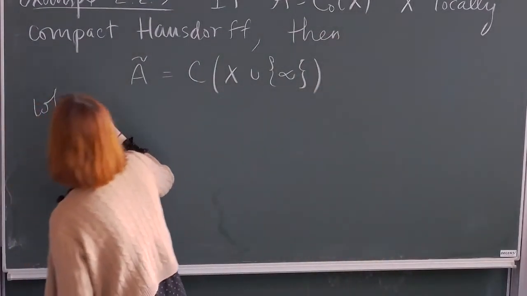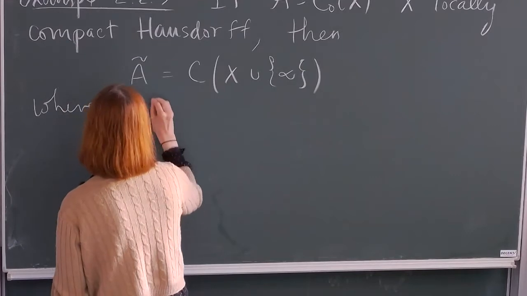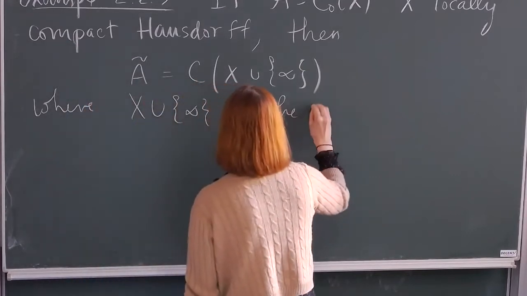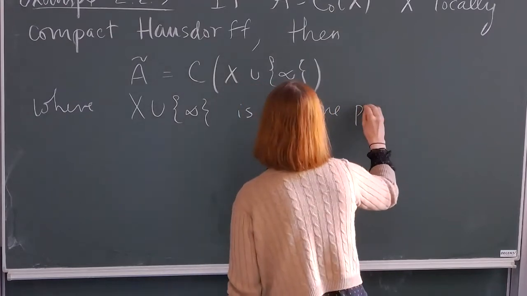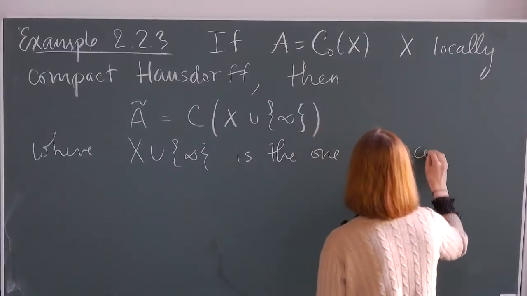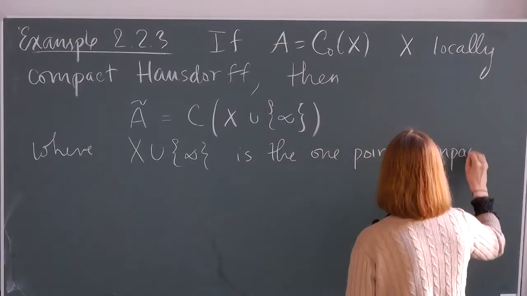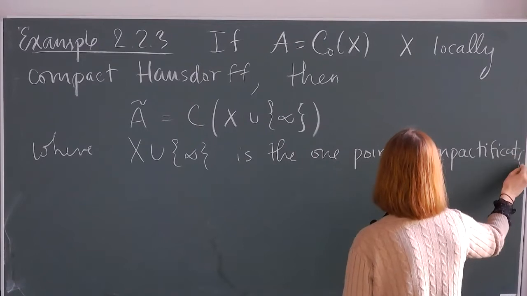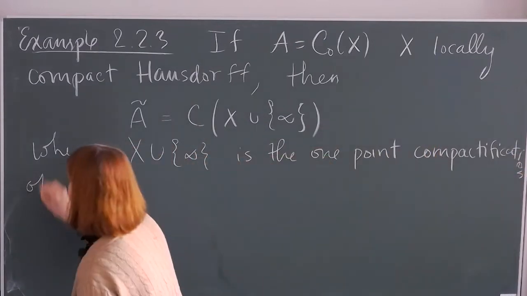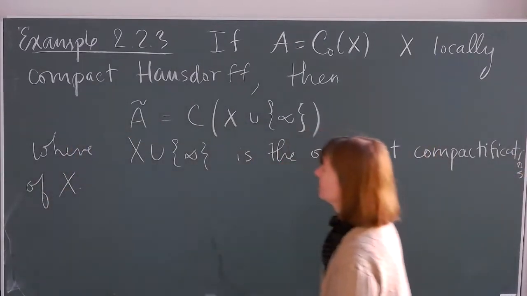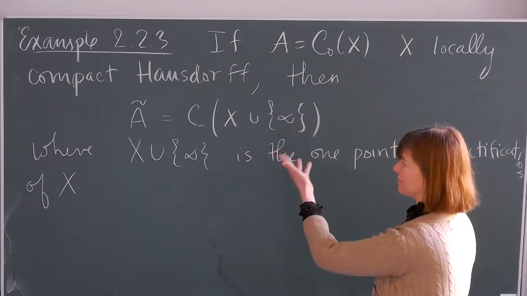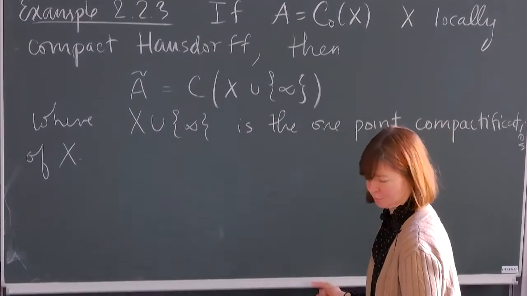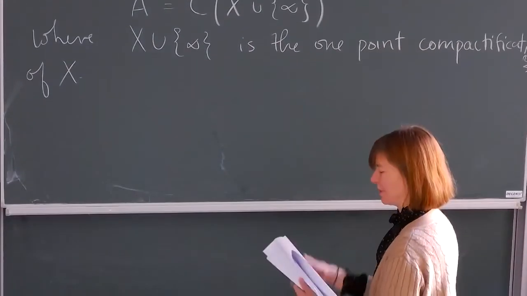This is the one-point compactification of X. So in this case, you can see that there could be other unitizations by taking different compactifications of X. But we were interested in this one for now.